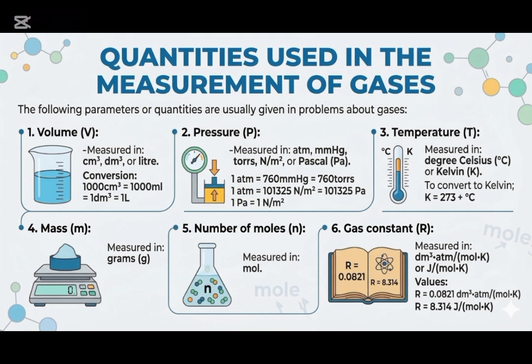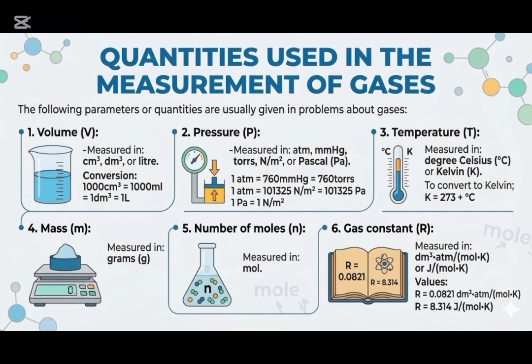Volume is measured in milliliter or centimeter cube or decimeter cube or liter. Then the relationship between them is that 1000 centimeter cube is equal to 1000 milliliter equals to 1 dm cube and also equal to 1 liter. That you should take note for conversion sake.